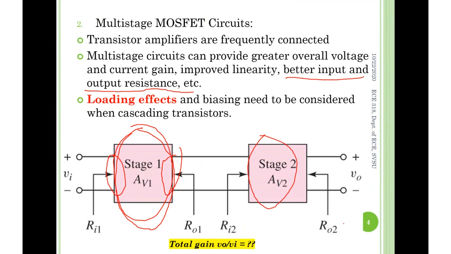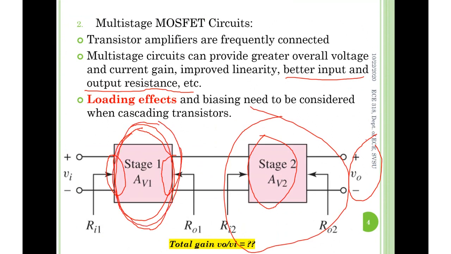Maybe you need a stage 3 to take care of the output impedance. So 3 stages are perfect, where only stage 2 takes care of the majority of the gain, and the other 2 stages only take care of the input and output resistance, respectively.